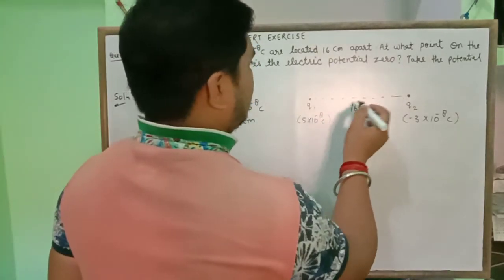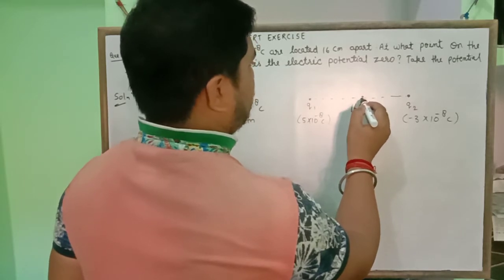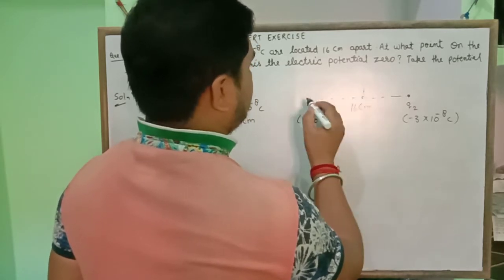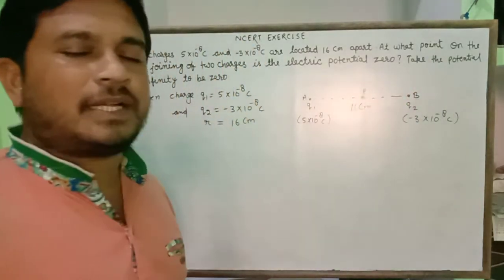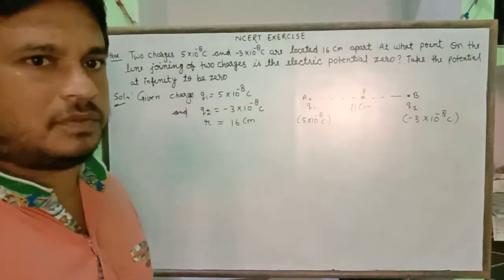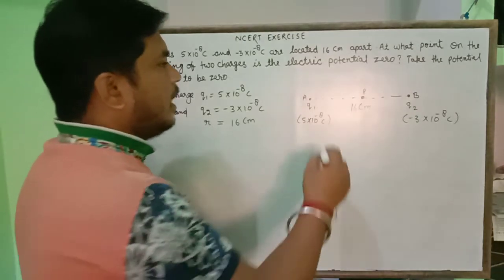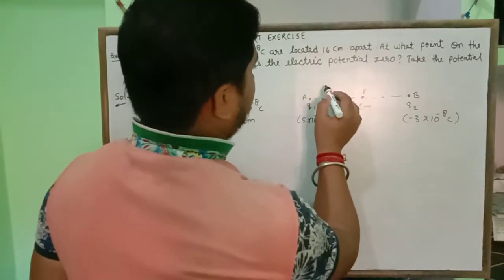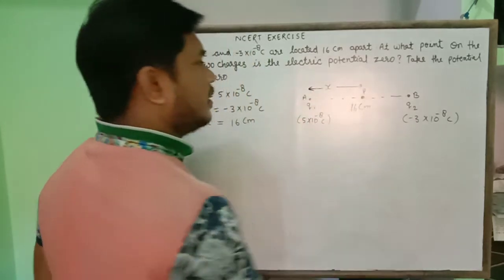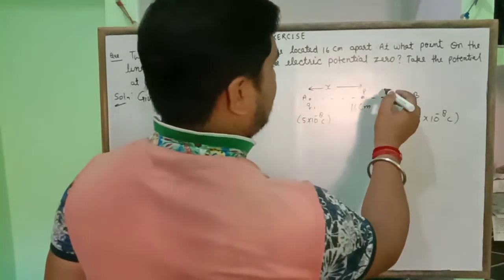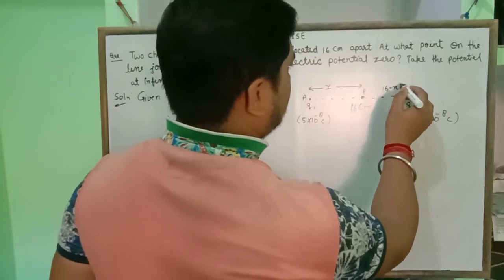Let the point is P where the electric potential is equal to 0. So if we consider this is the x and this value is 16 minus x.